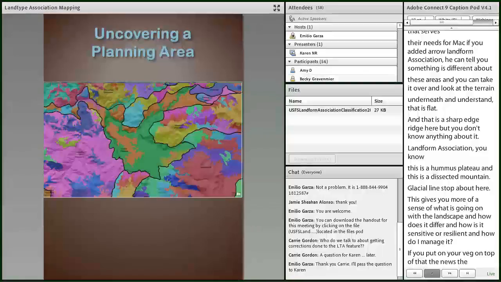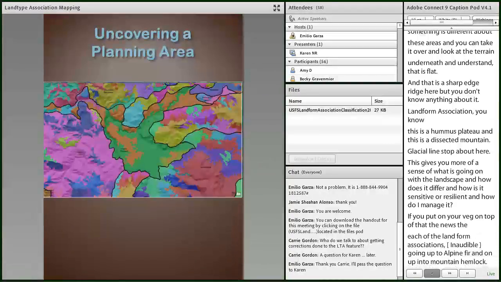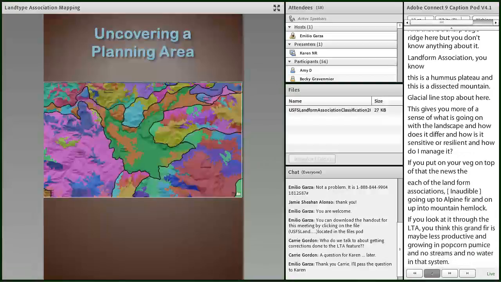But if you look at it through the LTA, you would think, oh, this grand fir on this system is really maybe less productive. I mean, it's growing in popcorn pumice, and there's no streams. There's really no water in that system. So this would be a much less productive system than the same vegetation type on these glaciated sides of the mountain slopes where you have talus and accumulation of sediment from glacial deposition.